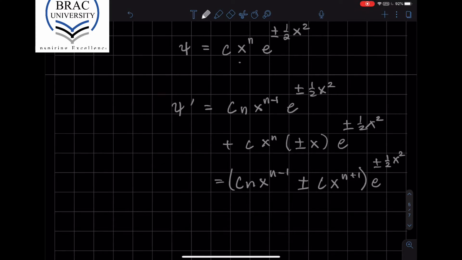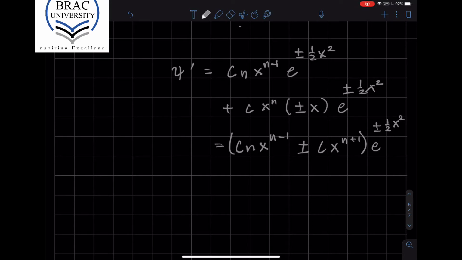Now if I take the second derivative, we're going to have quite a few terms. From the first term, we're going to have c n times n minus 1 x to the power n minus 2.